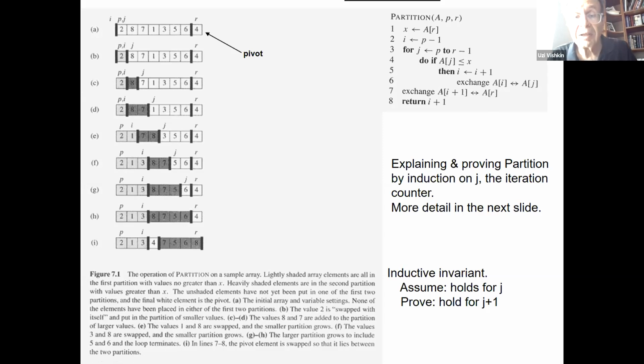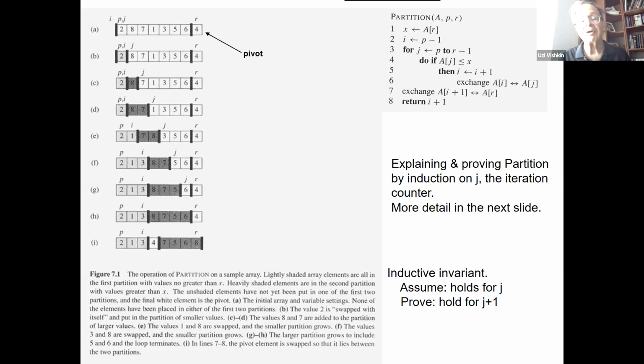What we do here is put the pivot into X, and then we go and compare all the elements to the pivot, and finally we exchange the pivot with its proper rank.